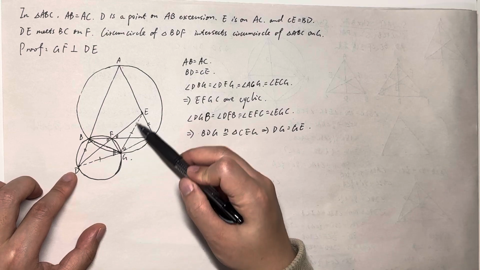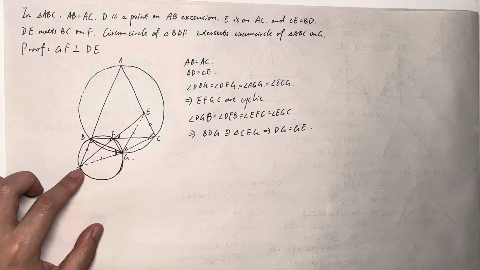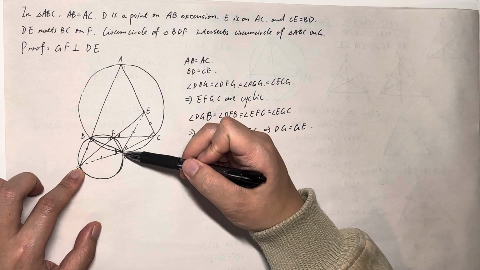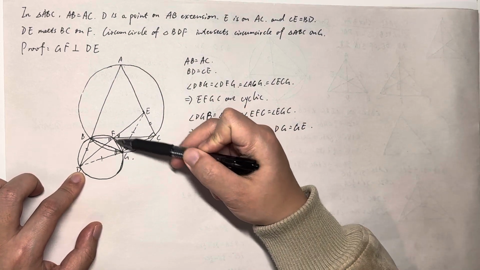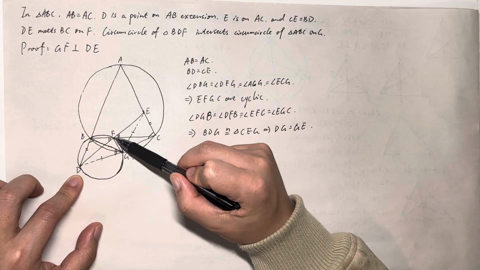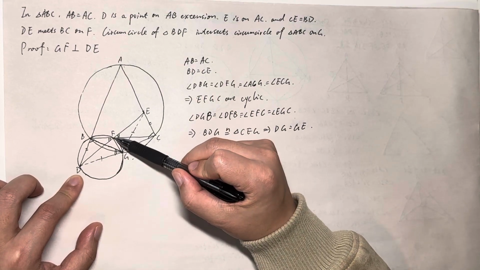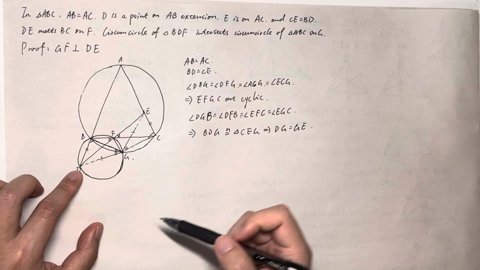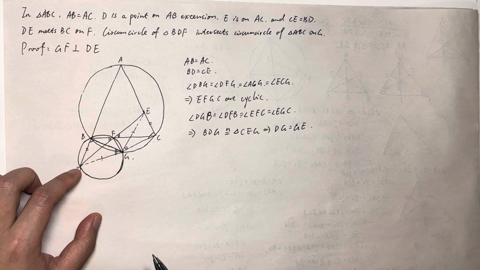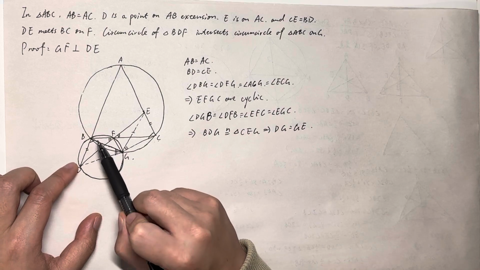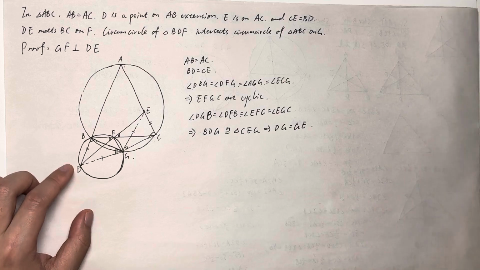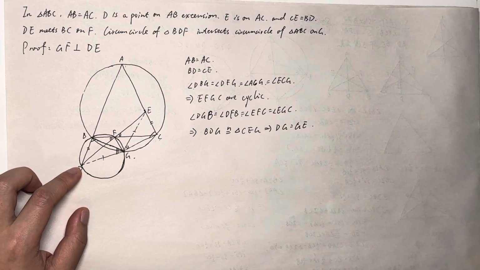DG equals GE. And now we know that if GF is perpendicular to DE, then because DG equals GE, F must be the midpoint of DE, right? So basically, now the problem is: can we find a way to prove that DF equals FE? There are several ways.